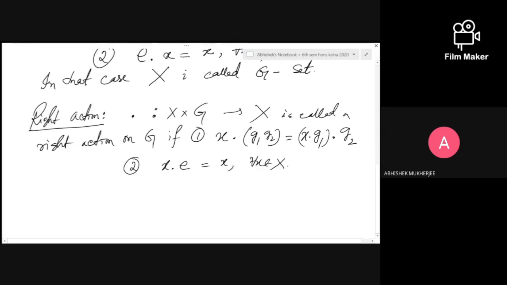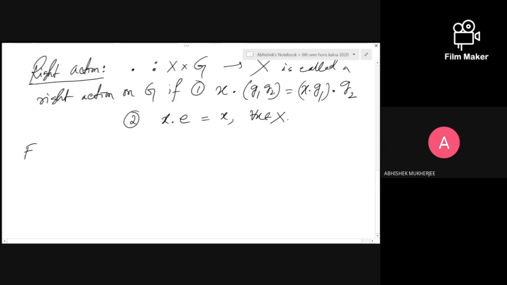Okay. Now, let us have a look at some examples. The first example is very easy.